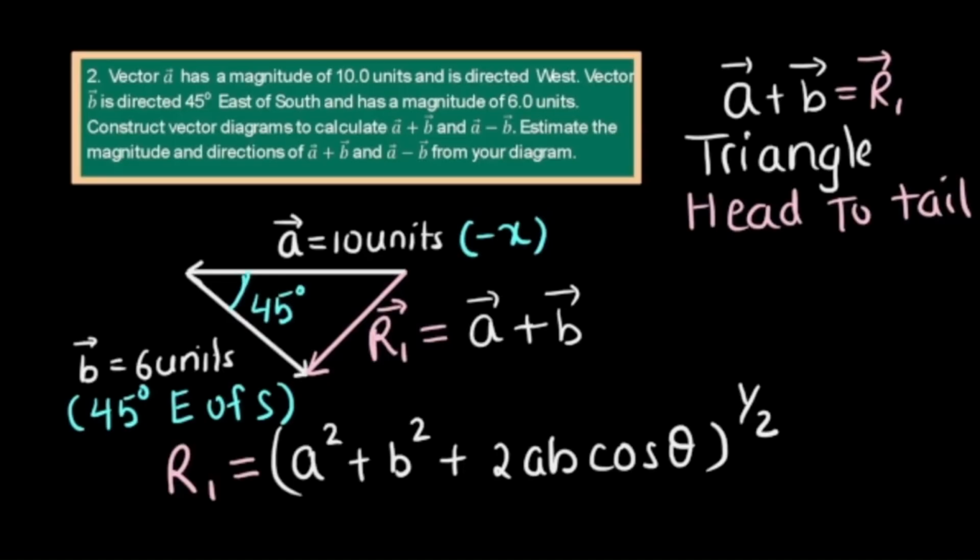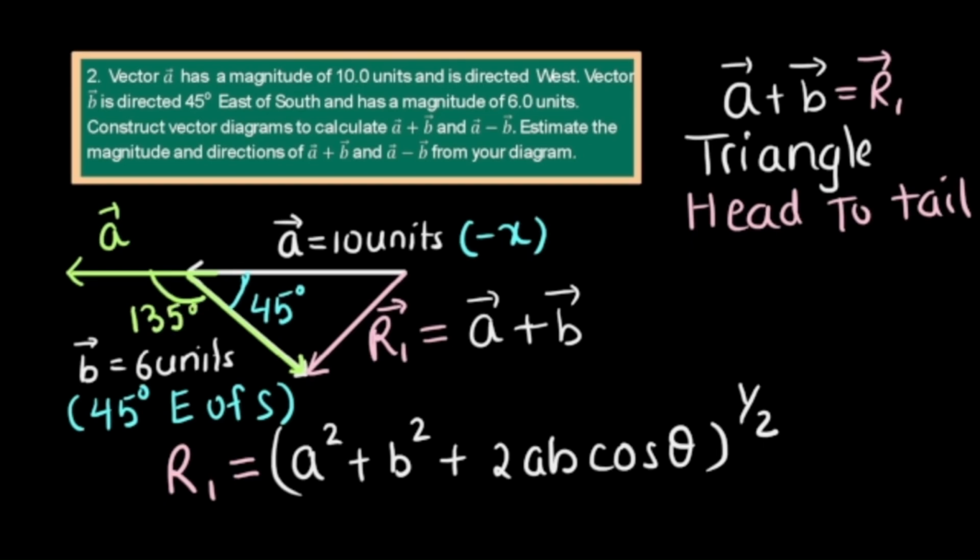To get the angle between vector A and vector B, we're going to extend vector A here. This is an extension of vector A. And over here, this is our vector B. So the angle between any two vectors is the angle that they make with each other when they're placed tail to tail. So this angle would be 180 degrees minus 45 degrees. That is 135 degrees.